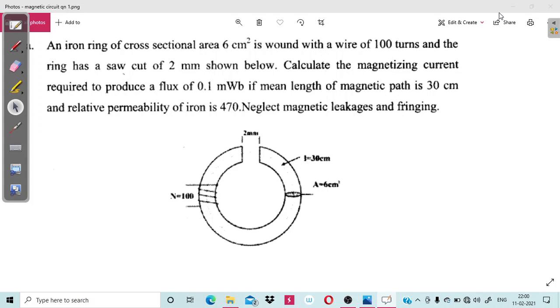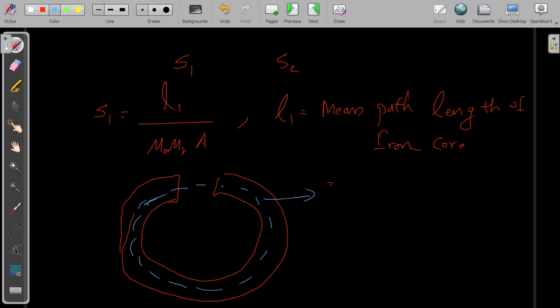The mean length of the magnetic path is 30 centimeter. So L, the mean length, equals 30 cm, which is 30 into 10 power minus 2 meter.